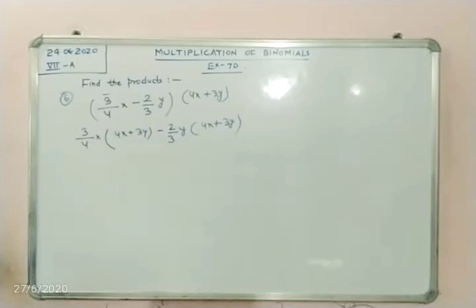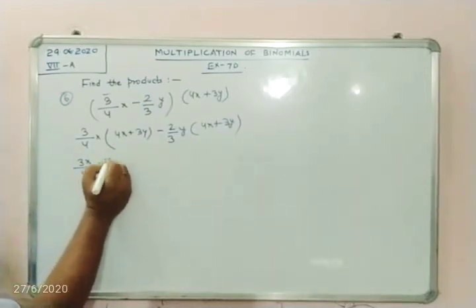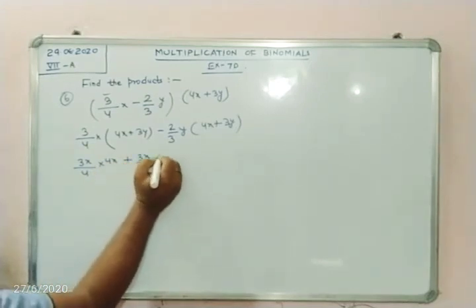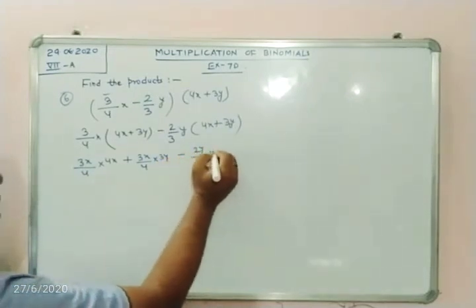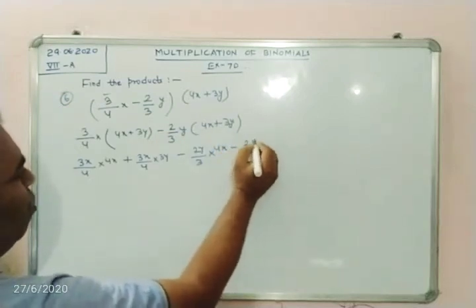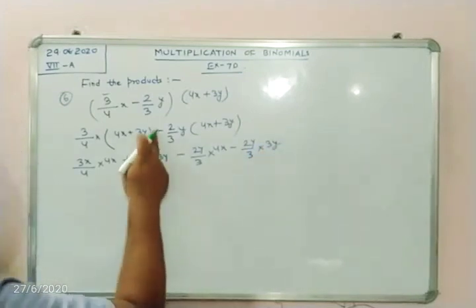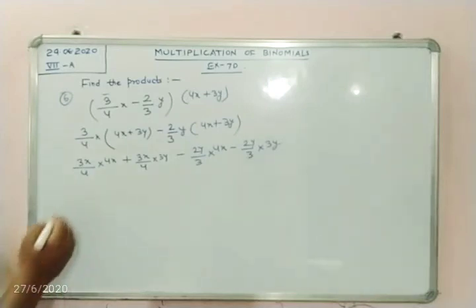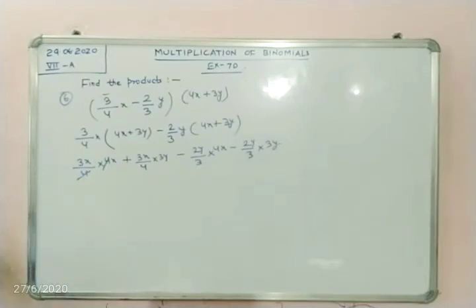Let's do the multiplication. So here 3x/4 into 4x plus 3x/4 into 3y minus 2y/3 into 4x plus minus 2y/3 into 3y. This minus plus gives minus here. Whichever number can cancel, we cancel.